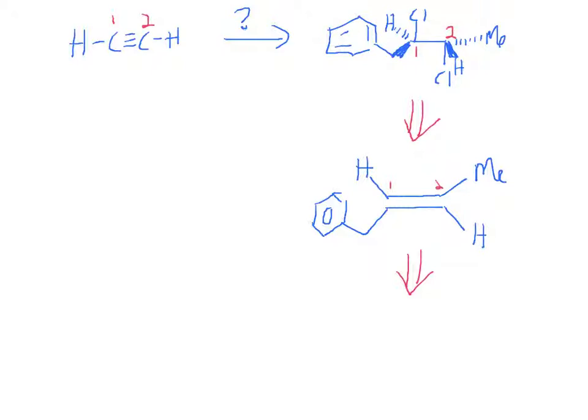Alkyne, right? So make it simple on yourselves. When I ask you what the starting material is, it's going to be one of 2 things. You guys have only learned reactions for two types of functional groups. What are they? Alkenes and alkynes, right? So usually the first step back is always going to be to an alkene, and then the next one's probably going to be to an alkyne, right? So in this case, it's an alkyne.